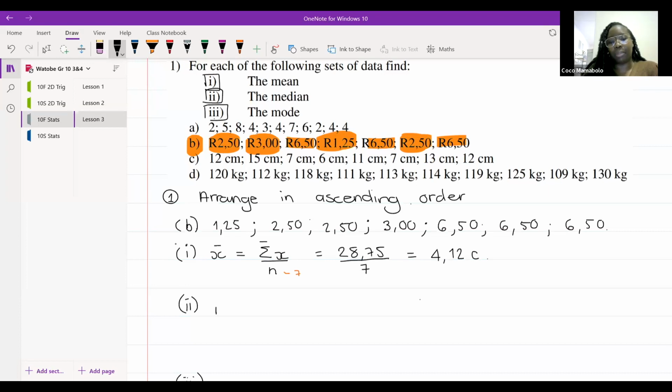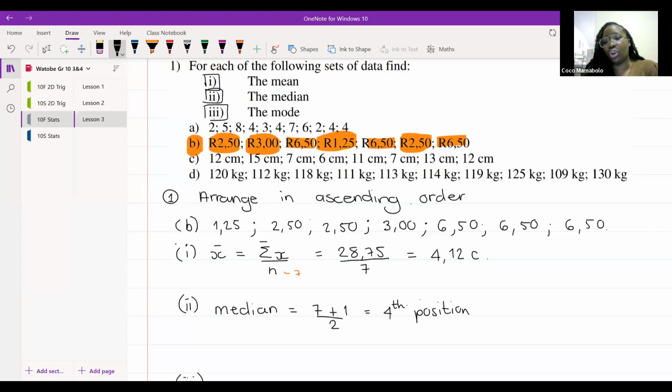To calculate for my median, I know that I have 7 values. So I'm going to go 7 plus 1 divided by 2. 7 plus 1 is 8. So I'm looking for the number in the 4th position. 8 divided by 2 is 4th position.